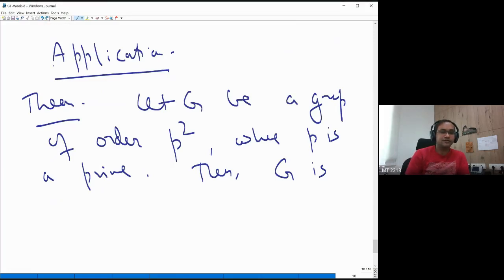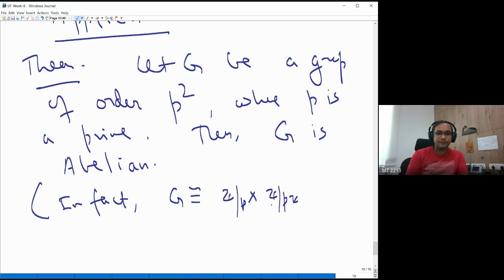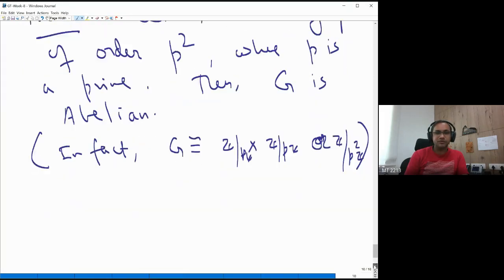Some people write abelian with a small letter, but I try to write capital. In fact, G is isomorphic to either Z mod pZ cross Z mod pZ, or Z mod p square Z. We have not defined the direct product, but in fact there are only two possibilities, and these are the two. But let's first prove it is abelian.